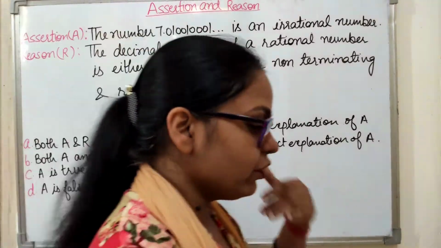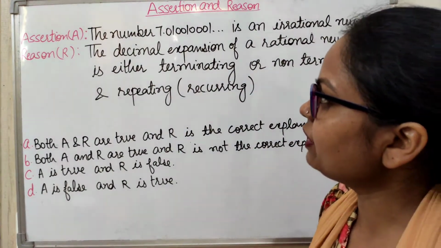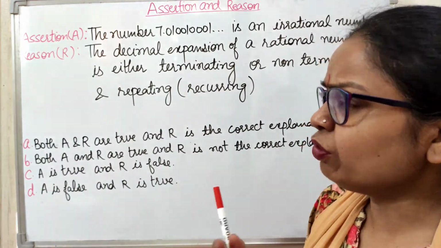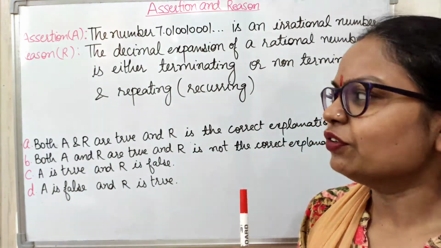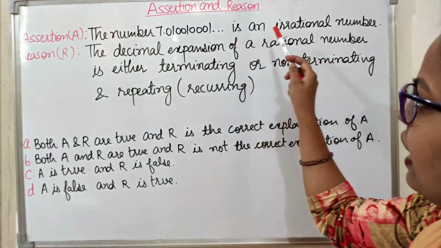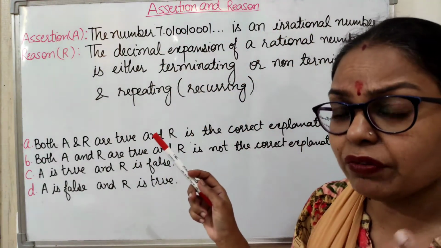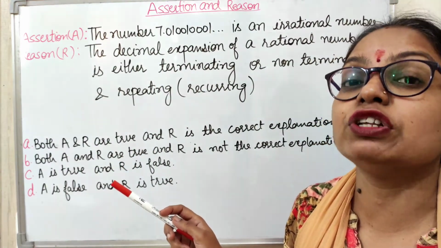Now this is your second question on assertion and reason. I hope now you have a little bit of understanding of assertion and reason, right? So let us do it. The assertion given to you is that the number is an irrational number. First of all we have to think: the decimal expansion of an irrational number is of which type?